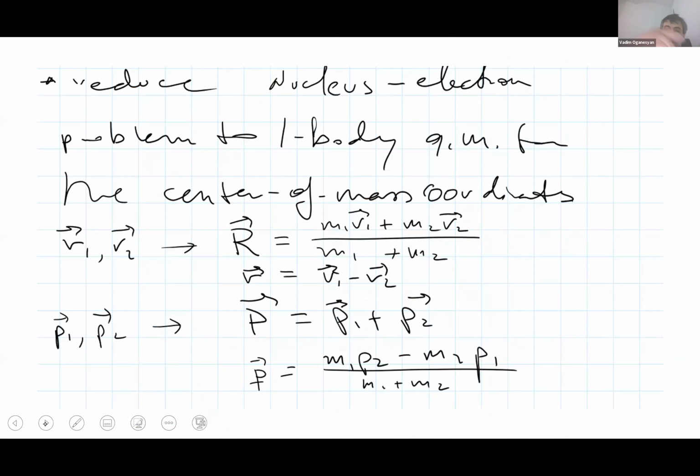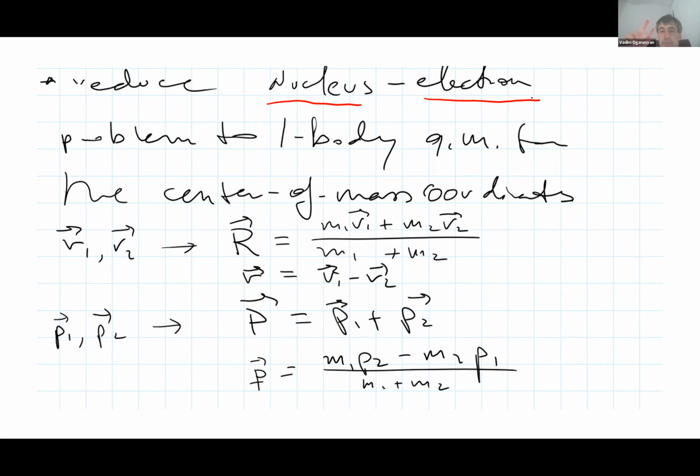The other problem is that it's still not one body. There's one electron and a nucleus. It turns out this problem is easily solved. And this goes back to the idea of translational invariance, because when you have translational invariance, there's a notion of the center of mass and relative coordinates.